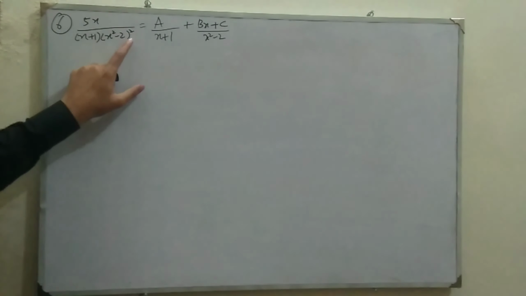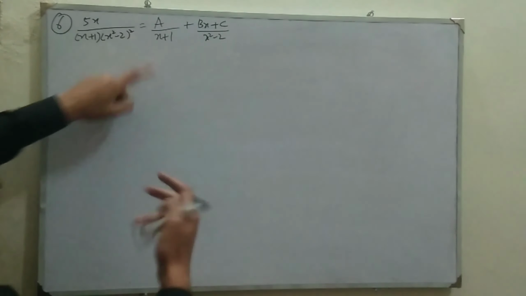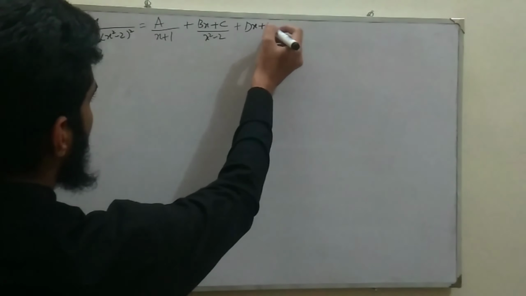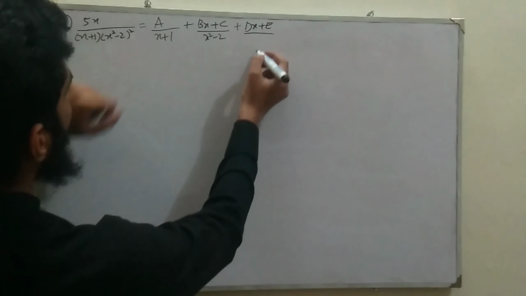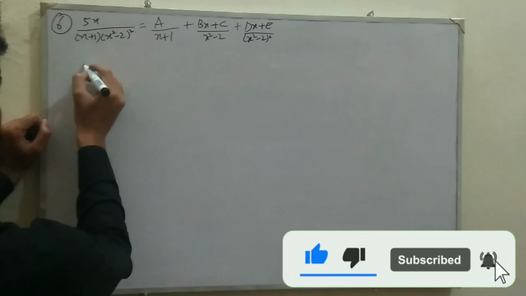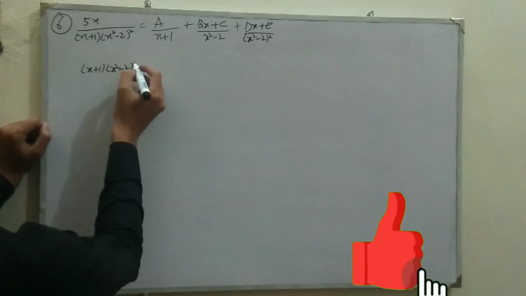But if you look here, there is another square. So it means that we are taking another two constants, which is Dx plus E, divided by (x square minus 2) whole square. Now taking the LCM, (x plus 1) and (x square minus 2) whole square.